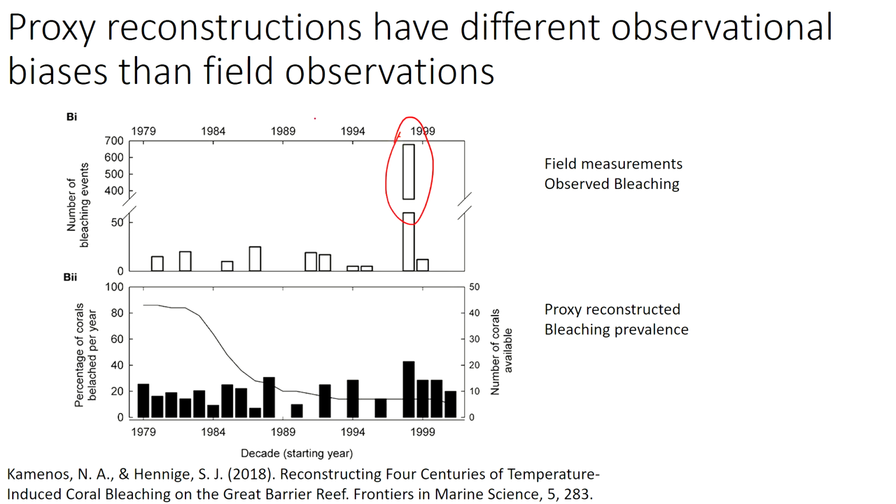We do notice that the axis changes here. Before 1998, there were very few observations of coral bleaching, maybe fewer than 20 per year in some years, but mostly not any coral bleaching being observed.